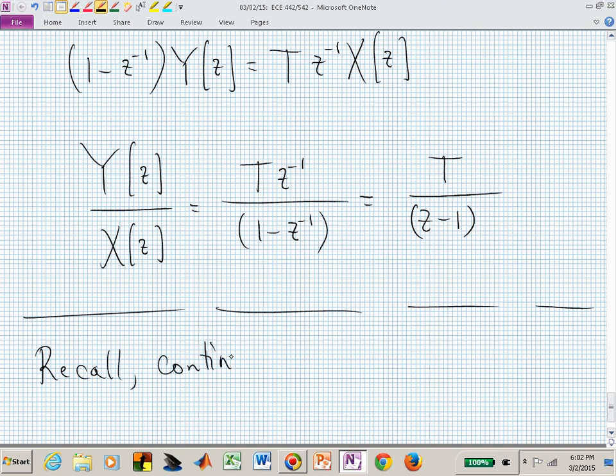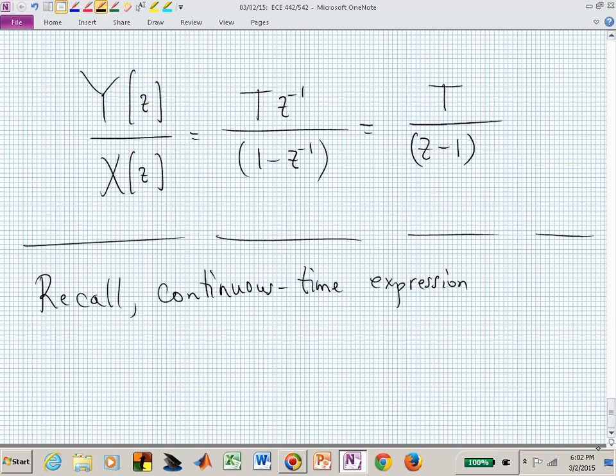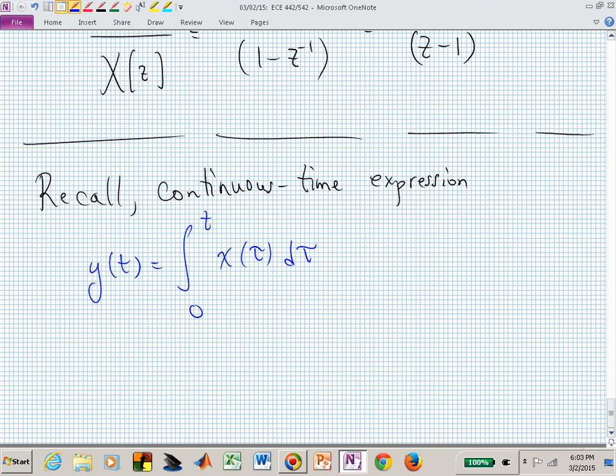If we look at the continuous time expression, which is what we started with, we had y of t equaling the integral from 0 up to t of x of tau d tau. That was y of t. That was the area under the curve from 0 up to time t.